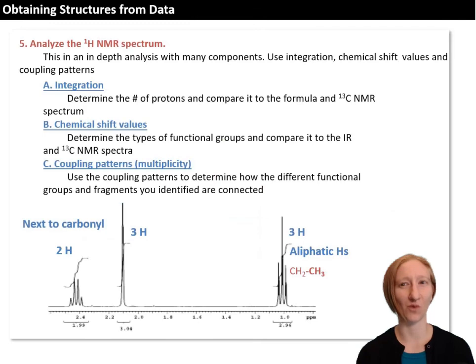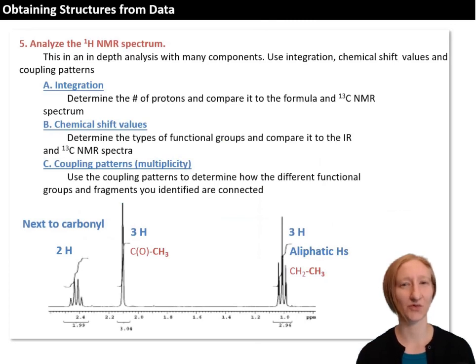The peak at 2.1 ppm is a singlet, which means it's next to no neighboring protons. The integration of 3 hydrogens tells us that it's a methyl group, and so here I can draw a partial structure that's a methyl group bound to an X group, something electron withdrawing with no protons on it.